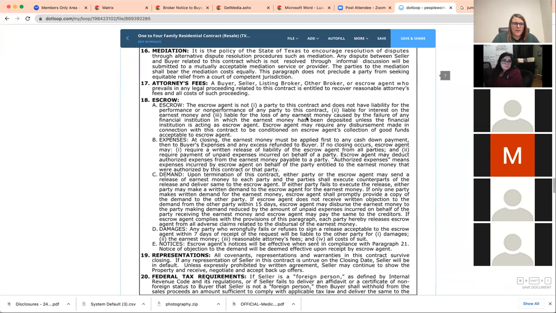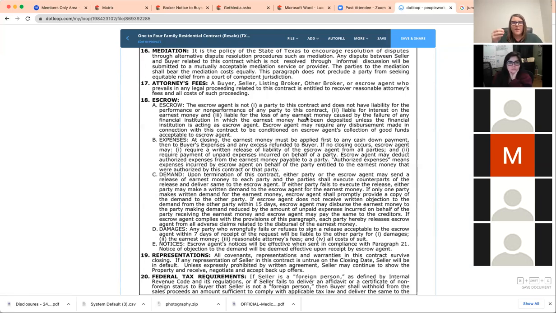I've read through this and I highly recommend you read through this yourself, but I want to make note that whatever person fights for the money, and if they are wrong, they end up paying all the attorney fees. So if they wrongfully fight for earnest money and it is found in court that they wrongfully requested earnest money, then they're the ones who are going to pay all the fees that were incurred.